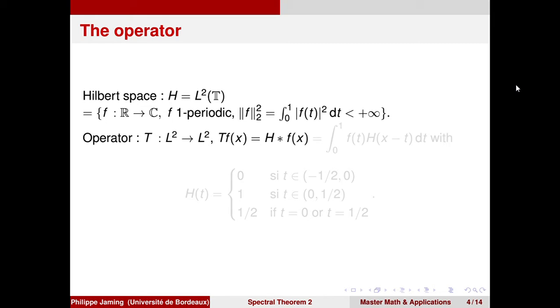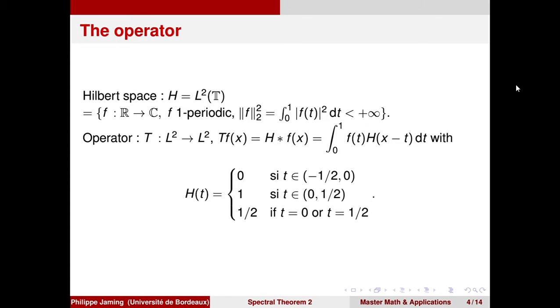Our operator will be the operator from L2 to L2 given by the convolution with a function h, which, remember, is the integral over a period, here 0 to 1, of f of t, h of x minus t dt. h is itself a periodic function. In this example, we will take h of t to be a periodic Heaviside function.